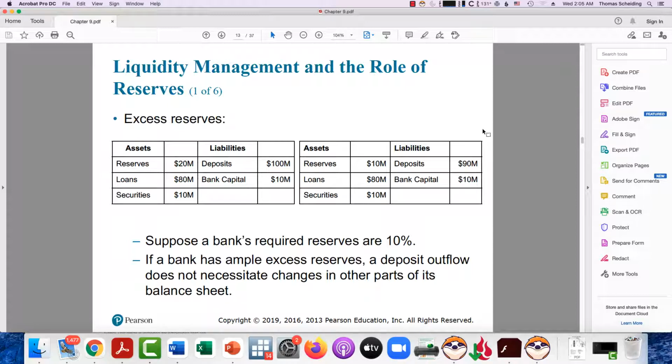And then the money it can lend out is being split into $80 million for loans, $10 million for securities. And so this is an example where we've got excess reserves. In this example, the excess reserves have been eliminated.